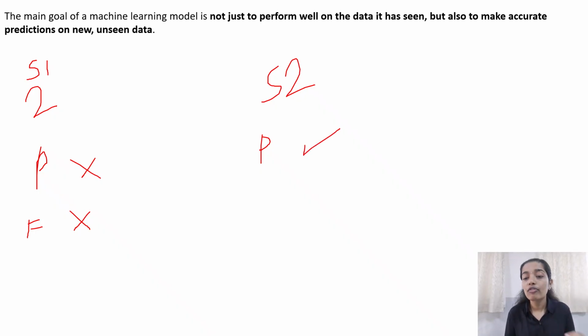This student performs very well in the practice test. But in the final exam, when new problems were given, the student was not able to perform. So is this an ideal condition? Both of them are not ideal conditions.